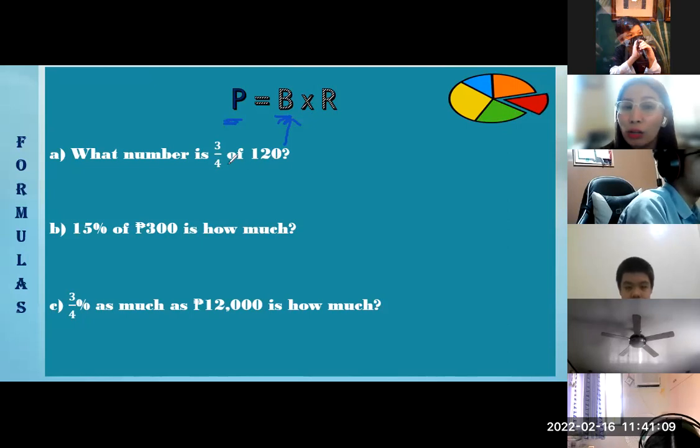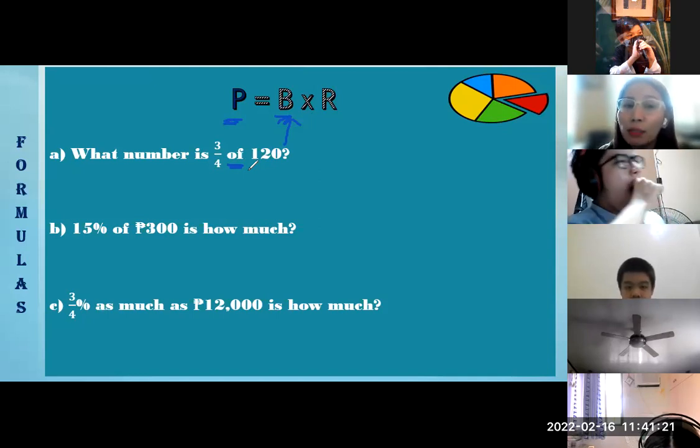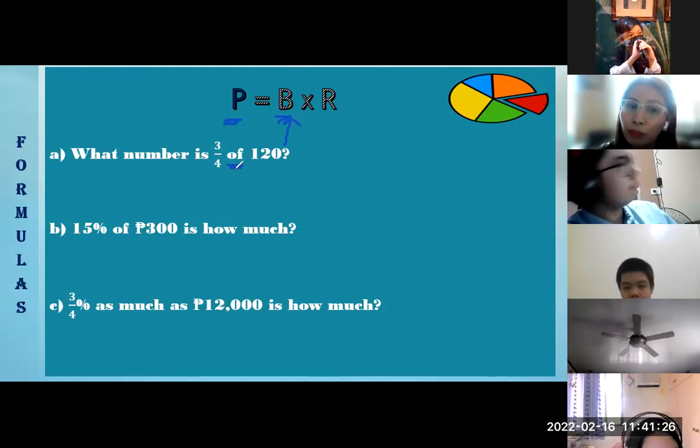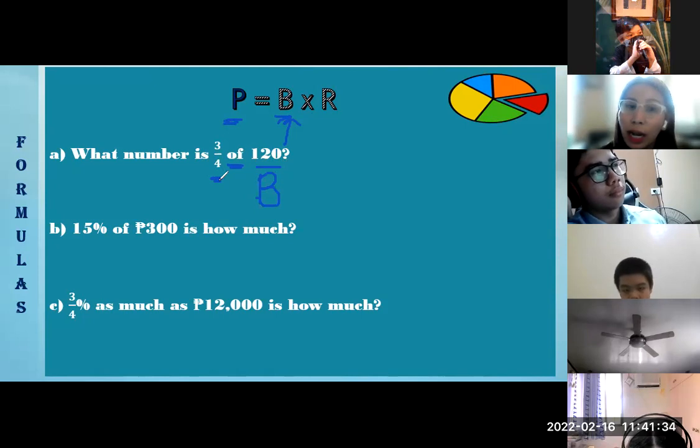Just like this one, ginamitan na siya ng of. What was the definition earlier? That the base is preceded by the term of. So, ito yon, of. Therefore, ito yung ating base. And then, 3/4 here is our rate.